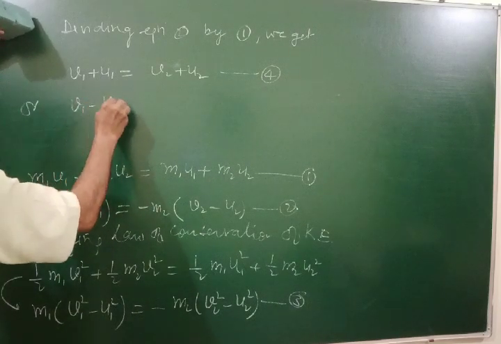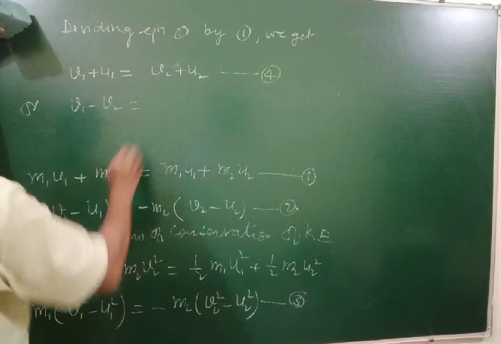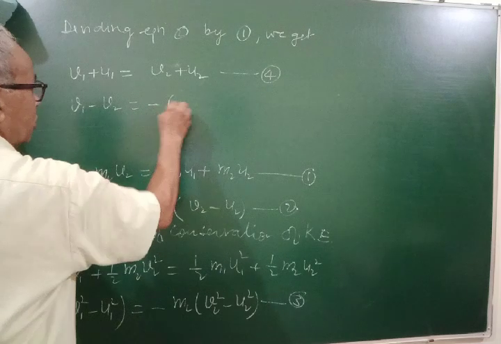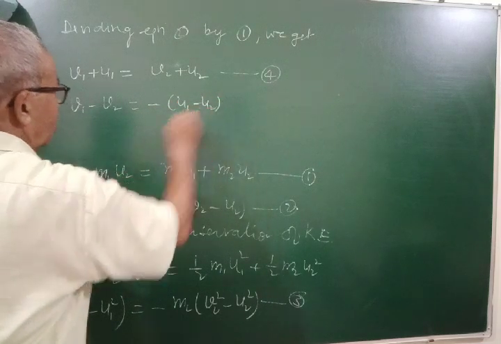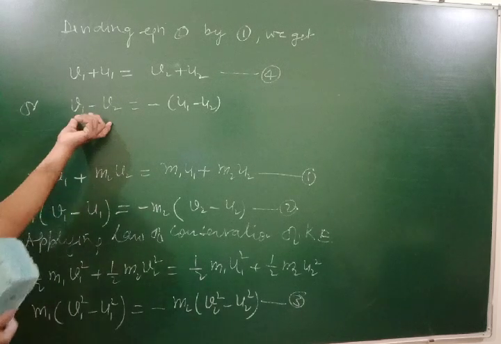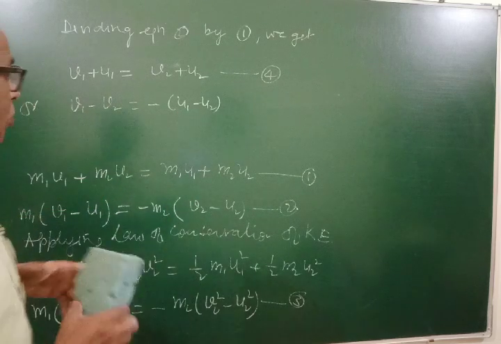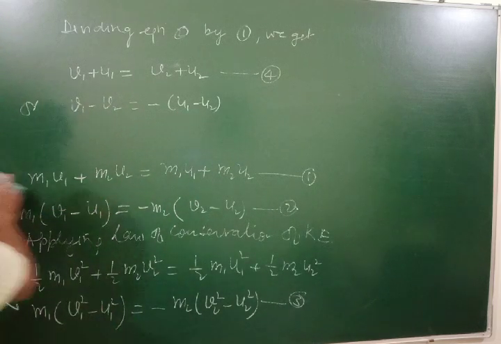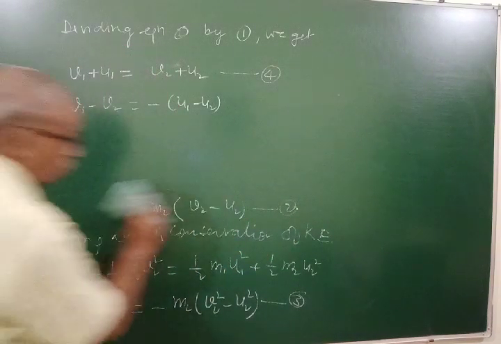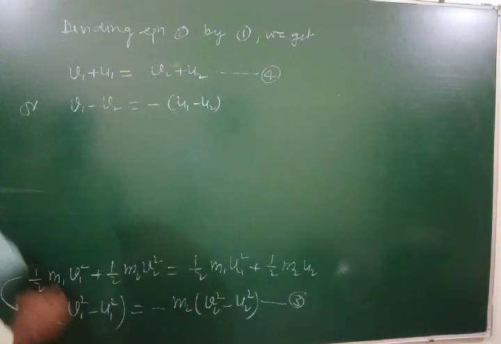Or you can write this equation as v1 minus v2 is equal to minus u1 minus u2. I am making a sequence: the difference of velocity after collision has the same magnitude as the difference of velocity before collision. And here we can say this equation shows that velocity of approach is equal to velocity of separation, as it is called.